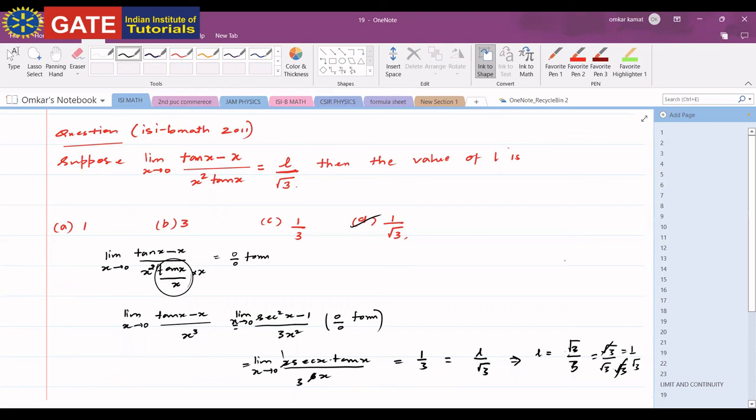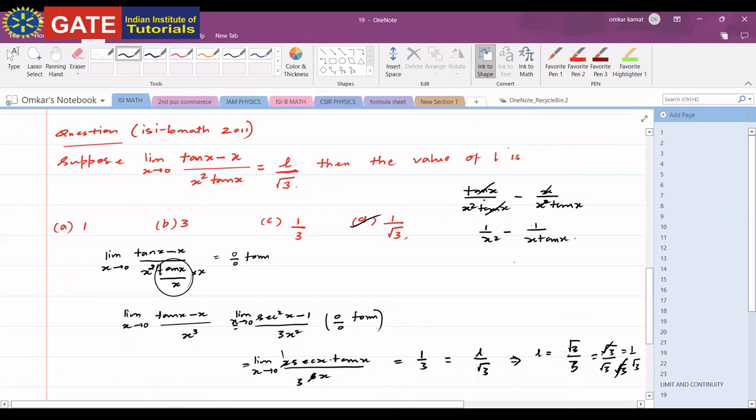You'll find certain examples where eliminating tan x from the denominator made it an easier task. If you separate and write it, tan x divided by x square into tan x, minus x divided by x square into tan x. Correct? Tan x will get cancelled: 1 by x square minus, here x will get cancelled, so 1 by x tan x.